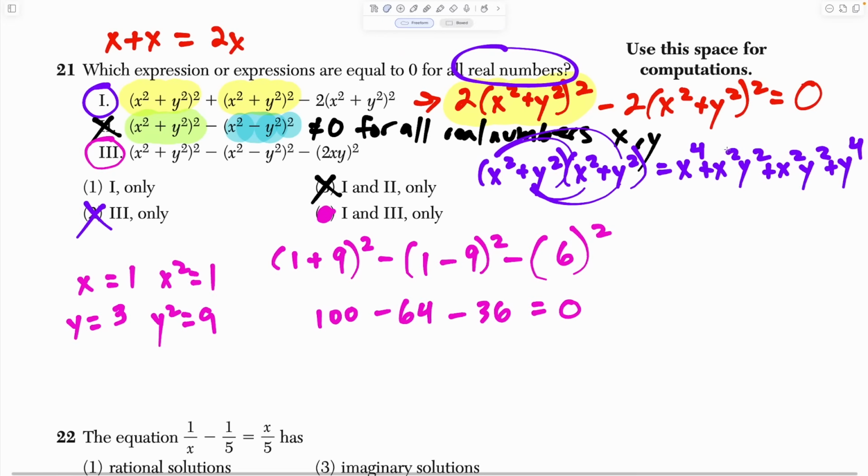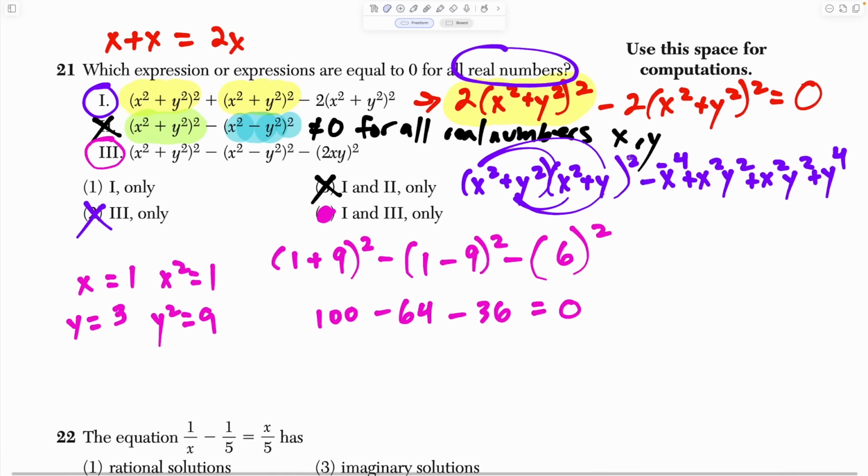Let me just move this stuff over here. I just got to now move the square and move the equals with it. But when I combine this, I have now x to the 4th plus 2x squared y squared plus y to the 4th.